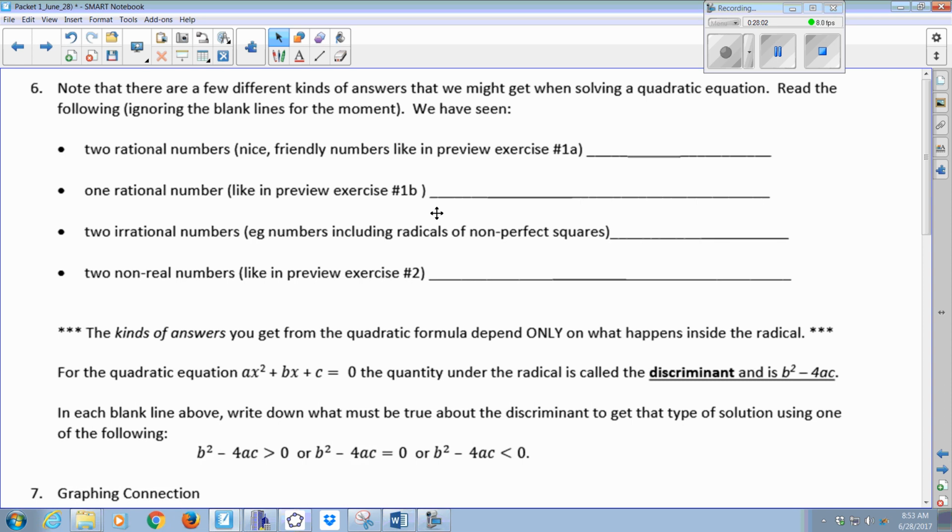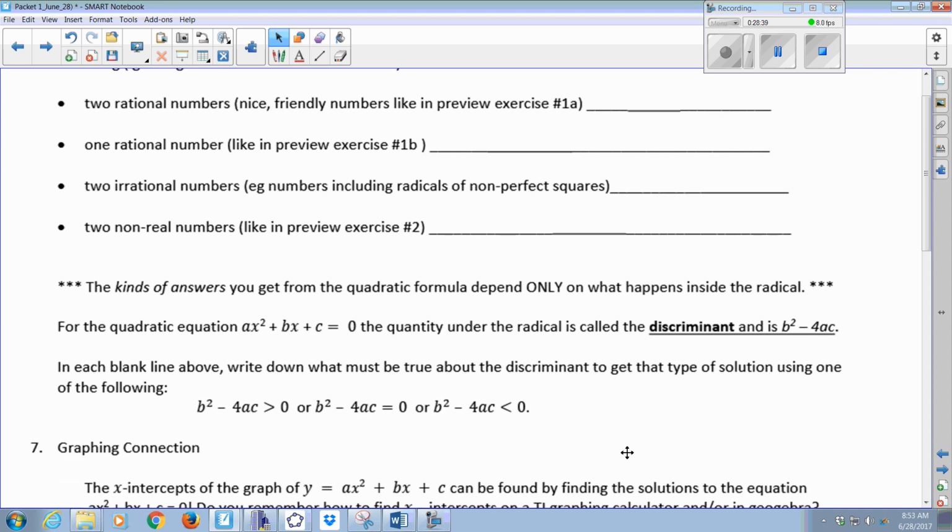We could also have one rational number for our solution, as in the parabola in exercise 1b of our preview exercises. Sometimes our parabola crosses the x-axis, but not at an integer or a number we can easily determine, and that would be when it's irrational numbers. And then finally, we can have an example like number 2 in the preview exercises where our graph doesn't cross the x-axis at all, and that's when we have non-real solutions.